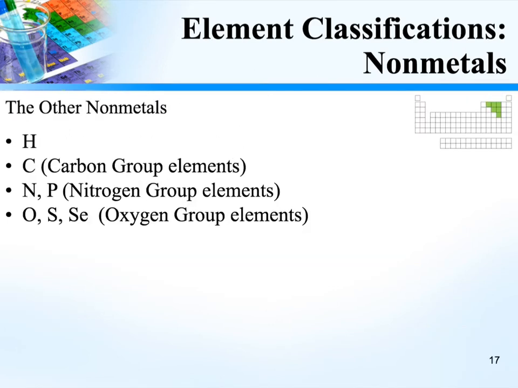The rest of the nonmetals are scattered around in several of the other groups as listed on the slide. The group's name is given by the first element, and the group is what you discovered again when completing the periodic table basics activity. Carbon is one of the most important elements on Earth. The branch of chemistry that studies compounds containing carbon is called organic chemistry. The majority of all living organisms are carbon-based.